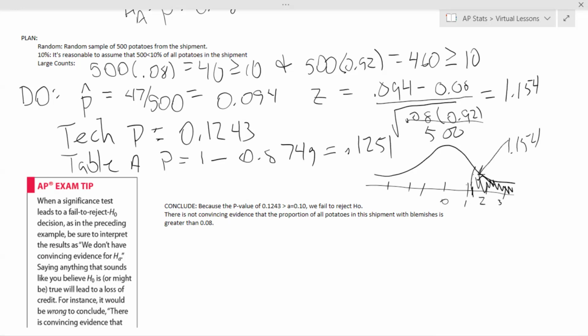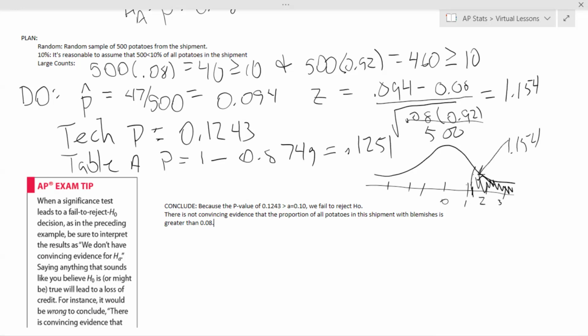All right. So this example reminds us why significance tests are important. The sample proportion of blemished potatoes, which was 47 out of 500, gave us a proportion of 0.094. That result gives us some evidence against the null of 0.08 and in favor of the alternative, which is greater than 0.08. To see whether or not an outcome is likely or unlikely to occur by chance alone when the null is true, we had to carry out this significance test.